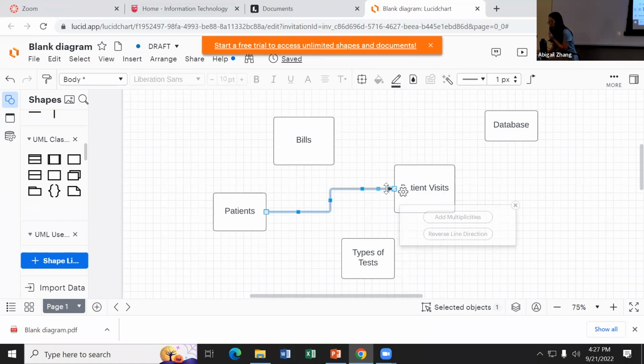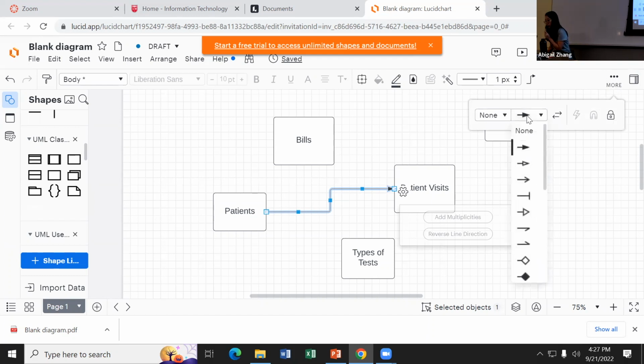Select this line and go to the more option at the upper right side of your screen. Click it, then in this drop-down list of endpoint, choose none, and the arrow should go away.